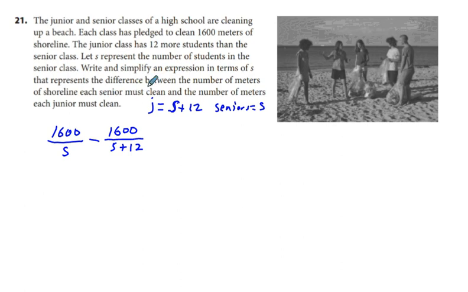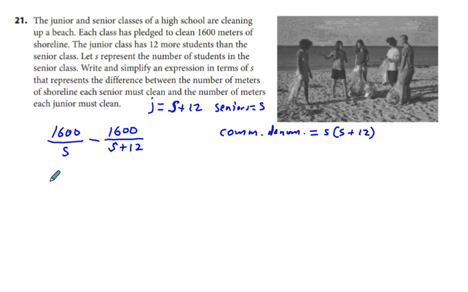Okay, so we've written the expression. Now simplify. So our common denominator is going to be S times quantity S plus 12, which is the juniors times the seniors.